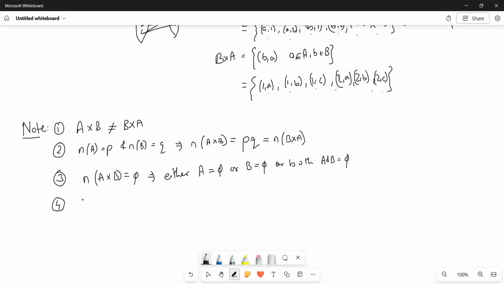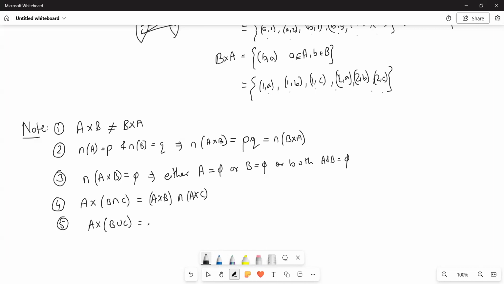For a couple of intersection union relations, A cross B intersection C is the same as A cross B intersection A cross C. And similarly, we have a relation for the union as well.